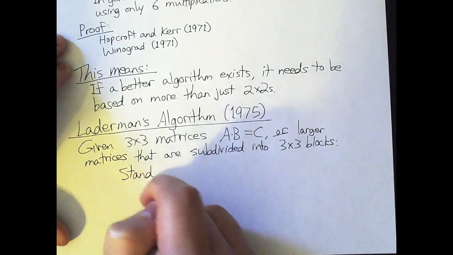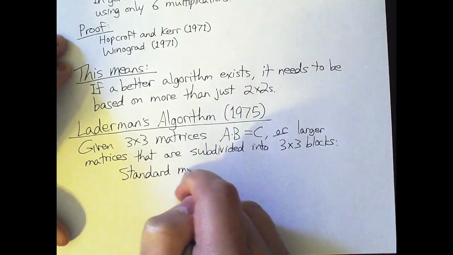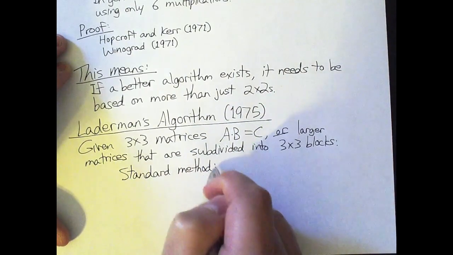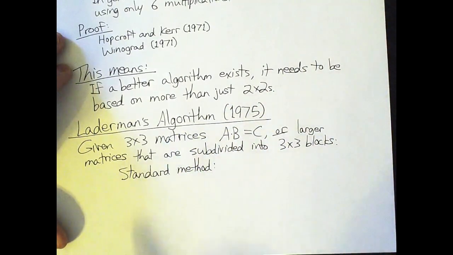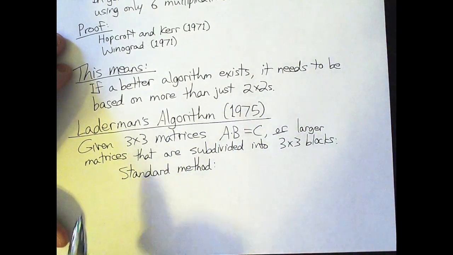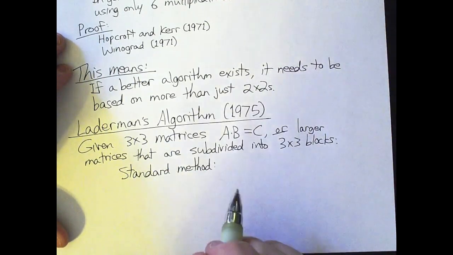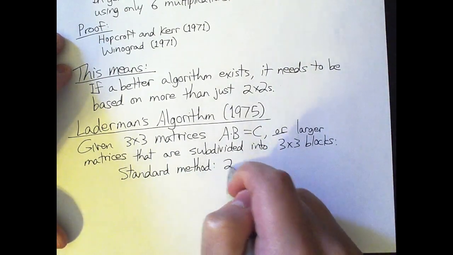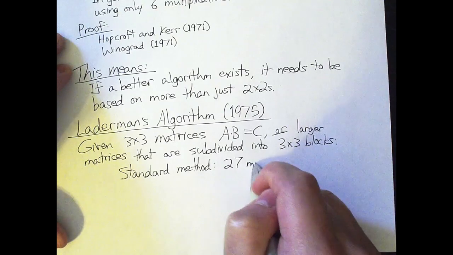The standard method: it turns out you could actually do a little 3x3 general problem and count how many multiplications you did. It turns out you would do 27 multiplications.